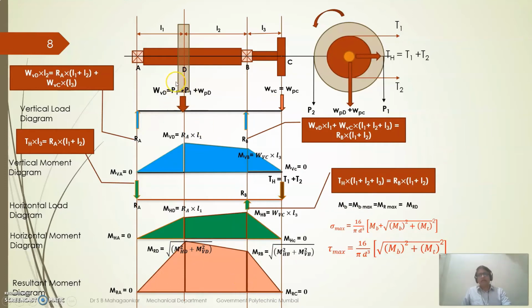If they ask you to design the stepped shaft, then you have to find the moment at A, and that is the diameter at A point, diameter at D, diameter at B, diameter at C. For example, diameter at A. If we see here, MT will be there in both the equations, whereas MR at A is 0, that means bending moment is 0 at A and C. So that means it is based on pure torque.